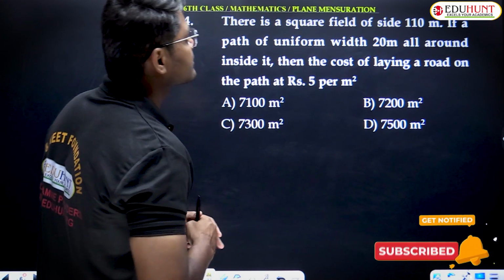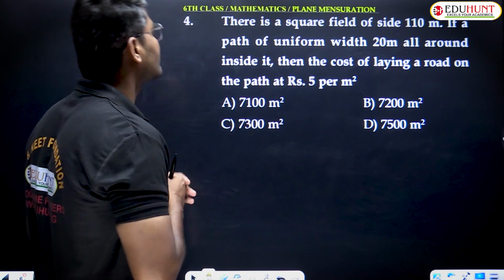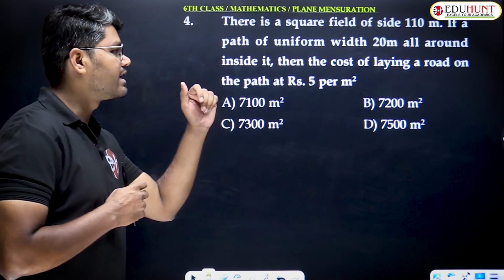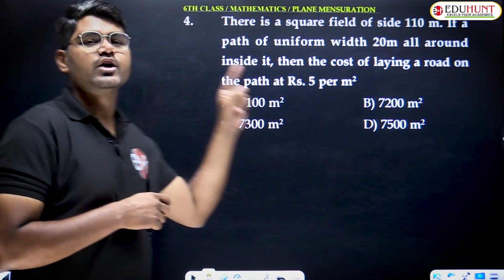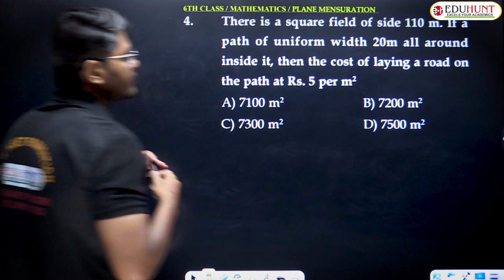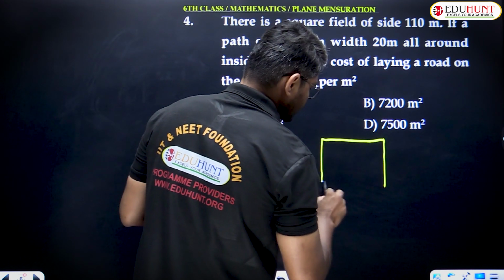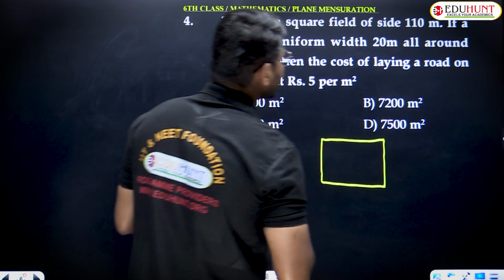There is a square field of side 110 meters. If a path of uniform width 20 meters runs all around inside it, then the cost of laying a road on the path at 5 rupees per meter square is. This is a square field of side 110 meters.